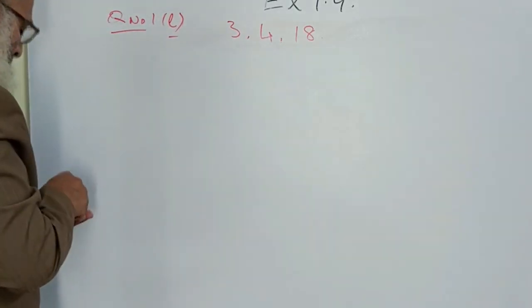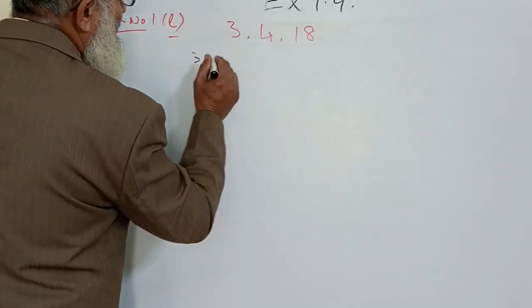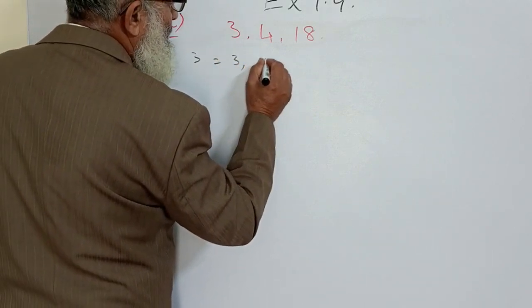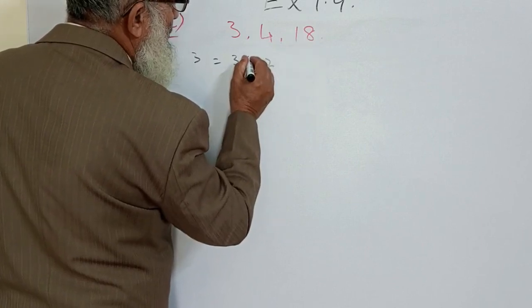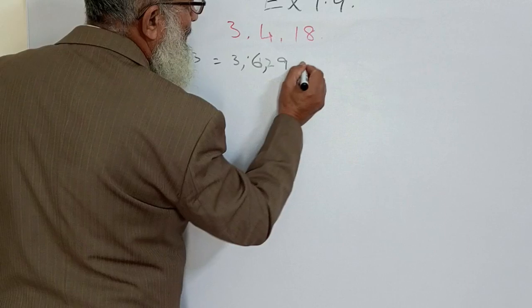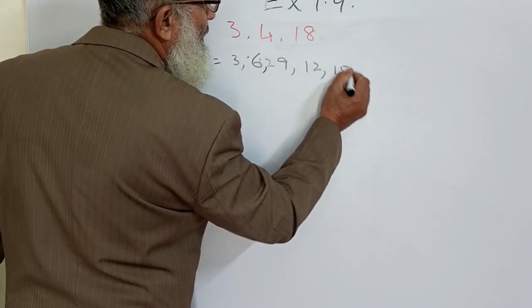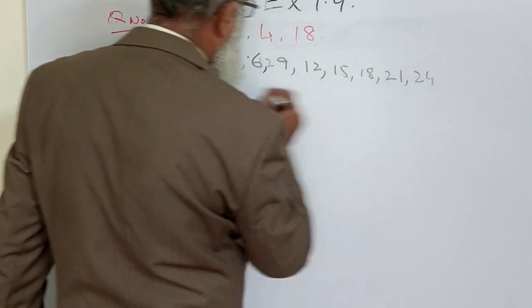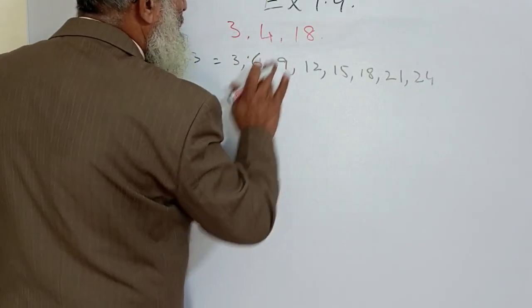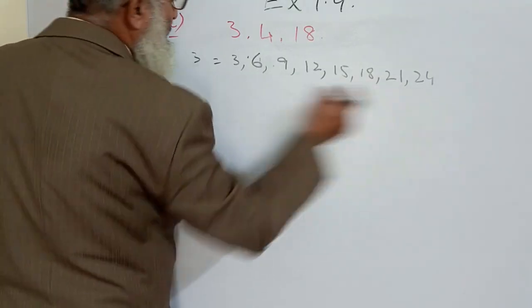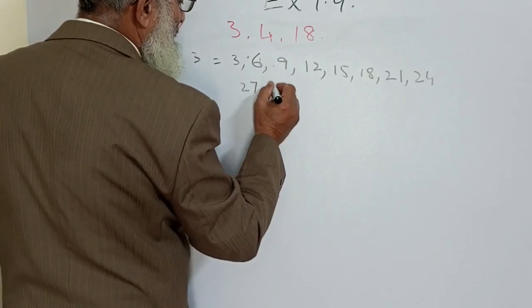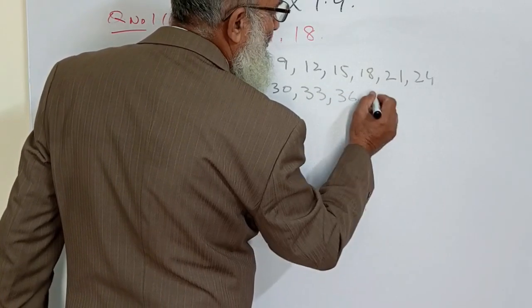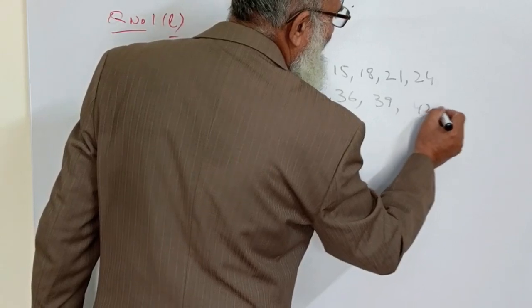So we write these numbers over here, 3 and find its multiples. 3, 1 times, 2 times, 6, 9, 12, 15, 18, 21, 24, and after 24 we get 27, 30, 33, 36, 39, 42 and so on and so forth.